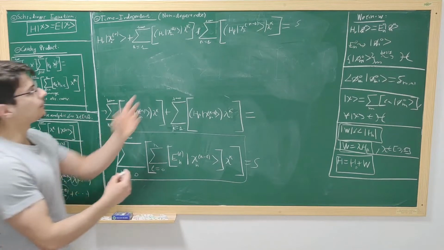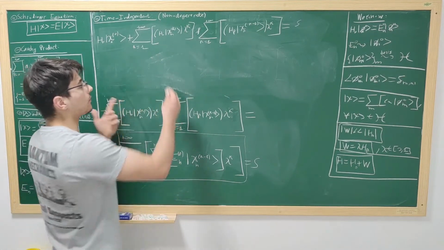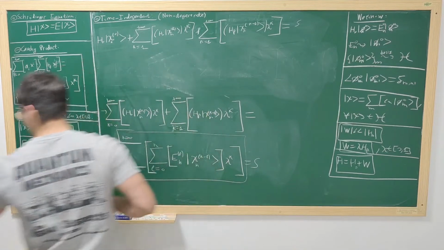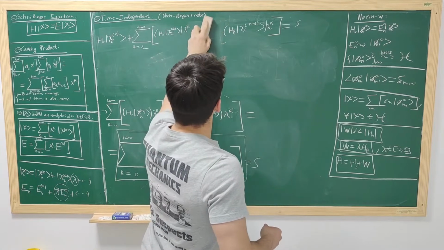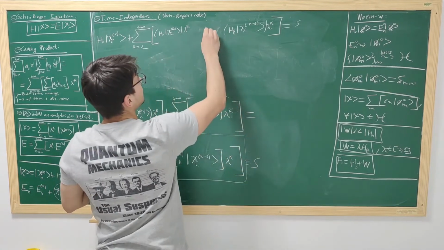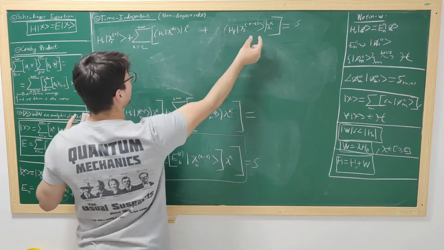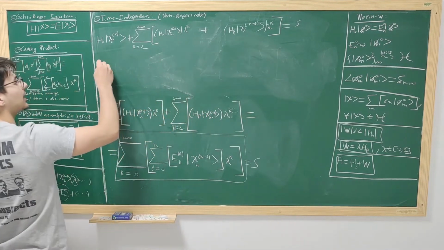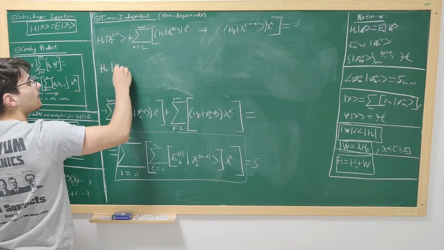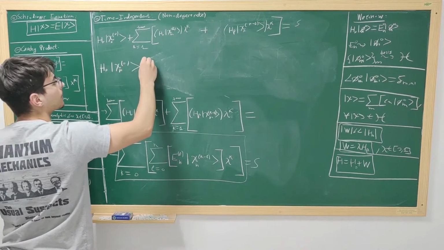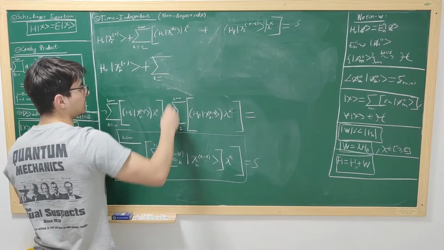Now, we can put these two sums together into one sum, going from k equals 1 to positive infinity. So that's what I'm going to be doing here. So let me just erase this and actually write plus. Now, we can factor out this lambda k, and what we would get is that h naught phi n0 plus the sum is equal to this.